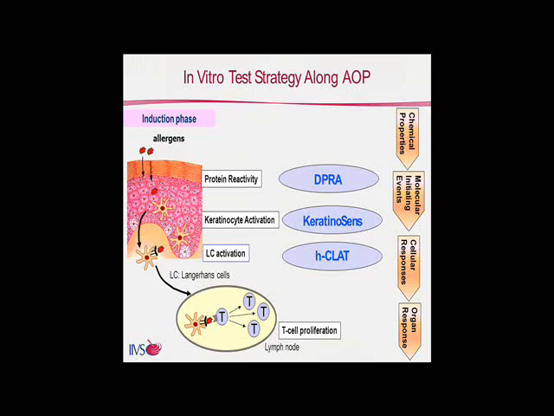And we can see that for each of those three key events, we have an assay which is modeling that event, including DPRA for protein reactivity, KeratinoSens for keratinocyte activation, and h-CLAT for Langerhans cell activation. At this point, I'll conclude my introduction. I will turn the controls over to Susanna for her portion.